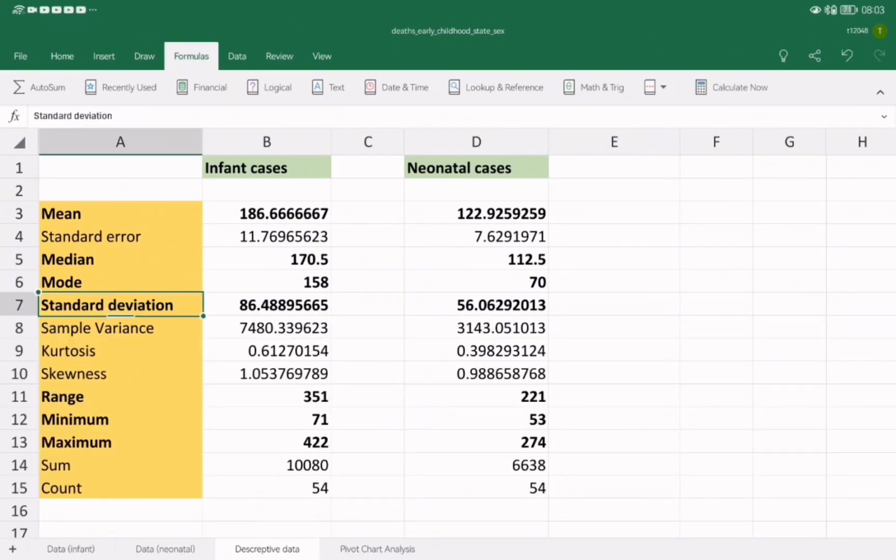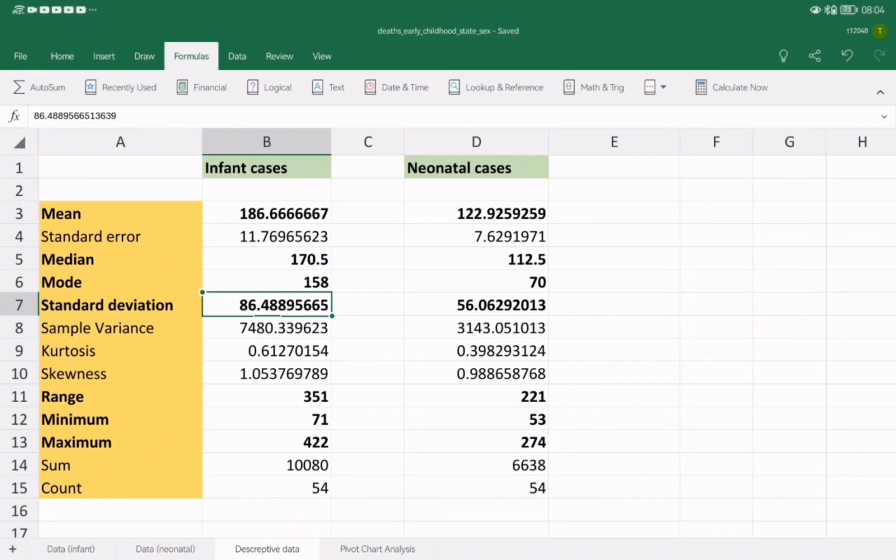The standard deviation of infant cases is 86.48, and the neonatal cases is 56.806.